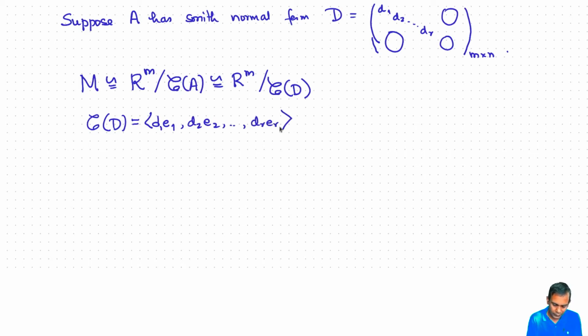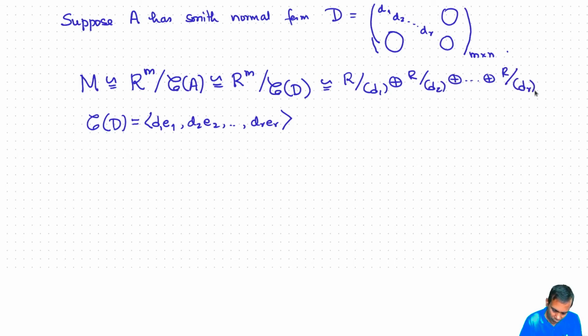So these vectors get killed in R^n to give you something isomorphic to M. So this is just the same as R mod d1 direct sum R mod d2 direct sum ... R mod dr, and beyond that it's R mod 0. So it's direct sum R to the power of the number of columns here, which is n minus r.